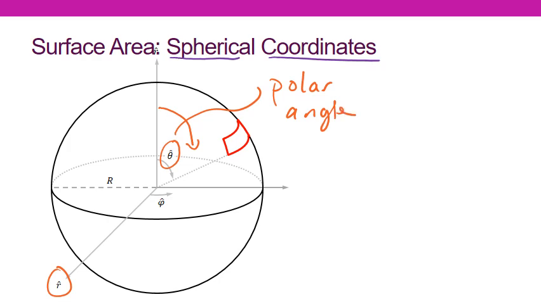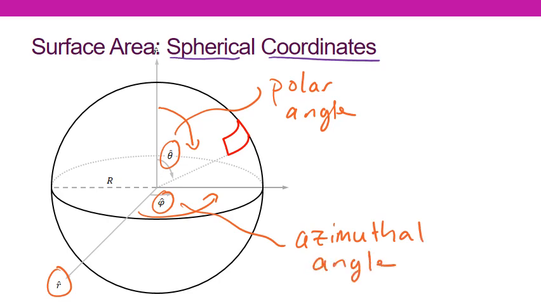And then we're going to have one that's moving around the plane of the circle, and this is called the azimuthal angle. And so we've got the radius, the polar angle, and the azimuthal angle. As far as notation goes, you might have learned this differently. For example, you might have learned the azimuthal angle as theta and the polar angle as phi.